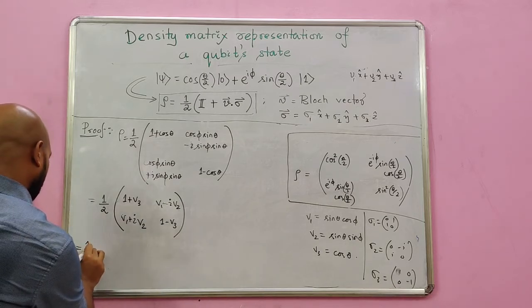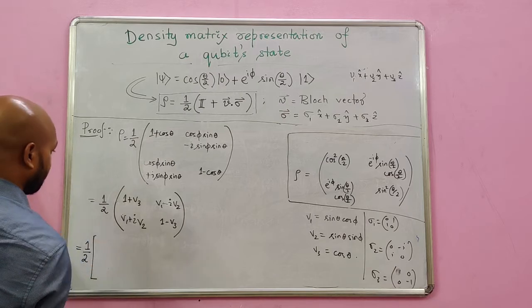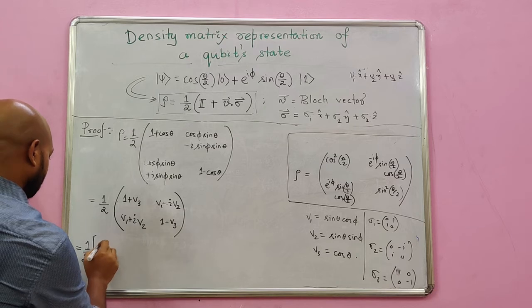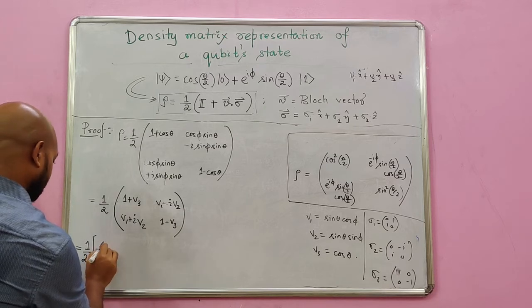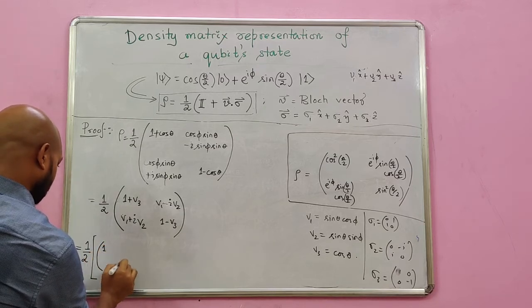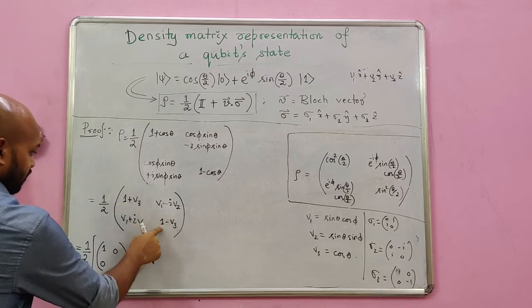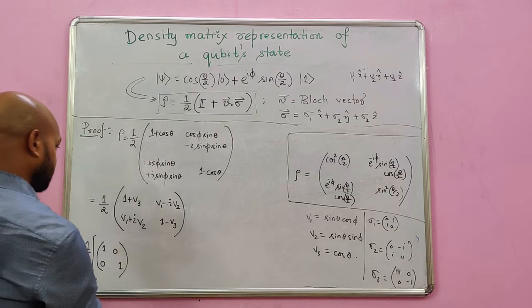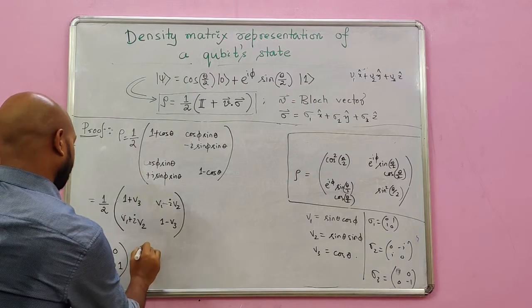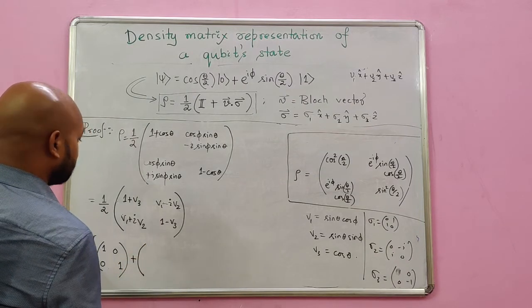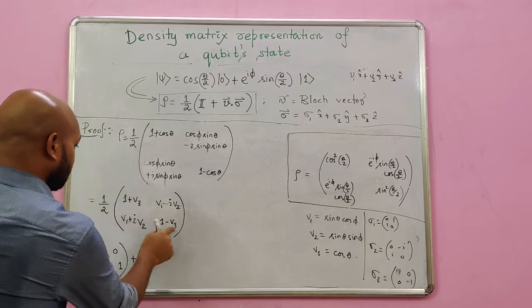So I put a half outside, and then the first matrix that I write is the following: 1 1 0 0, because of this one and this one. Then I wrote V3 and minus V3.